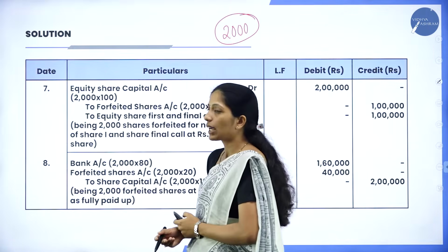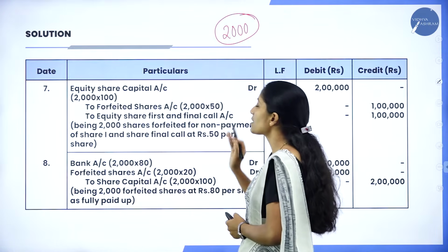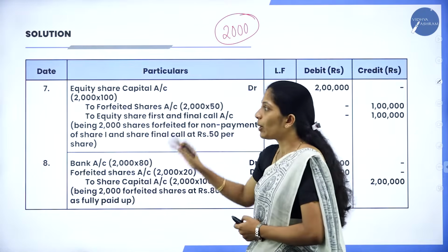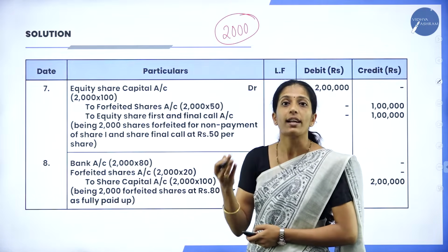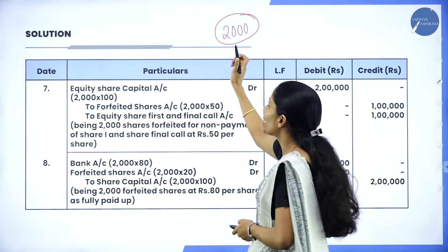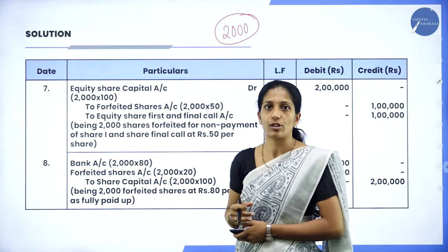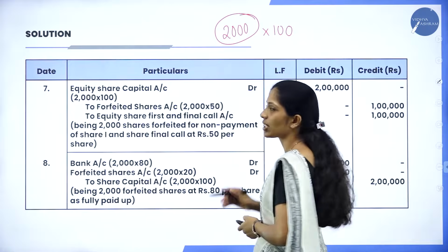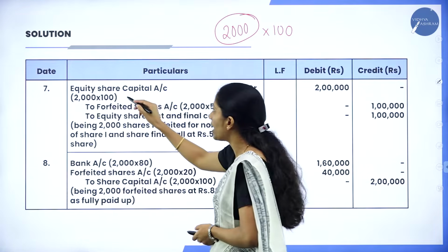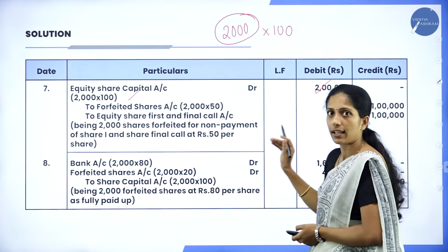Equity share capital account debit to forfeited shares account and to equity share first and final call account. Now why is the entry like that? Equity share capital account. What amount will you put here? 2,000 is the number of shares which have not been paid, so we are going to cancel those shares. And what is the value of the share? That is 100 each. So 2,000 into 100 will go to the equity share capital account, that is 2 lakh.